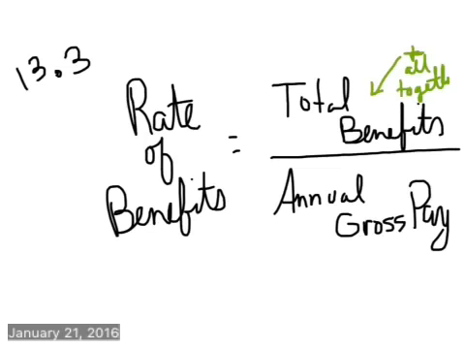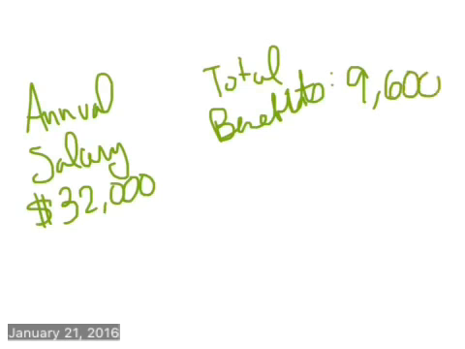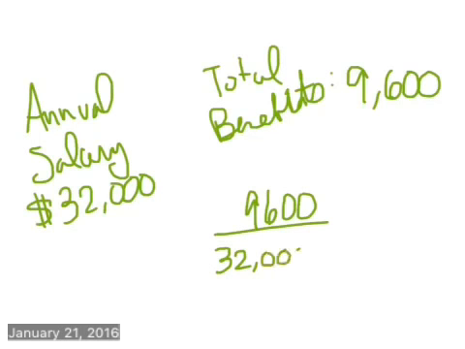On number 1, the annual salary is $32,000. The total benefits, which they've already added up together, is $9,600. They want you to find the rate of benefits. So we take $9,600 and divide it by $32,000.